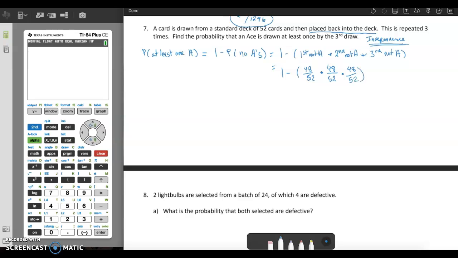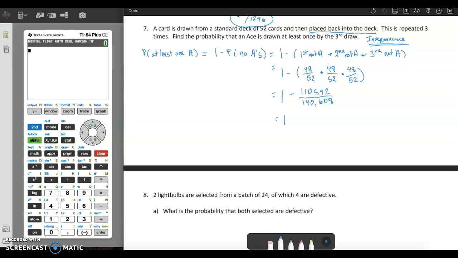Okay, and then when you multiply that all out, it's a very, very large number. 48 times itself 3 times is 110,592 on the top, and 52 cubed is 140,608. So you're doing 1 minus this very big fraction.